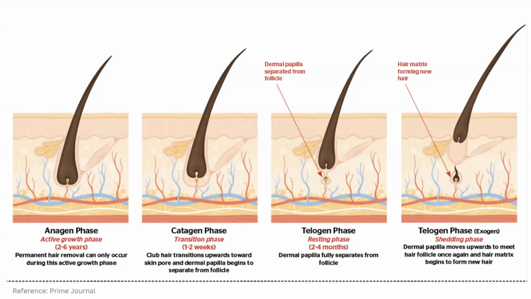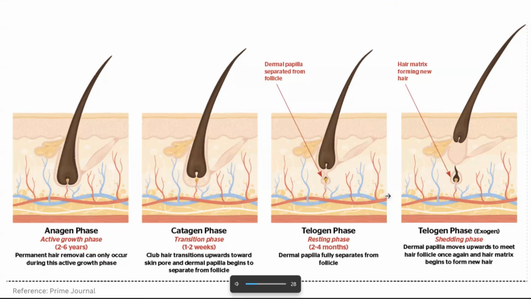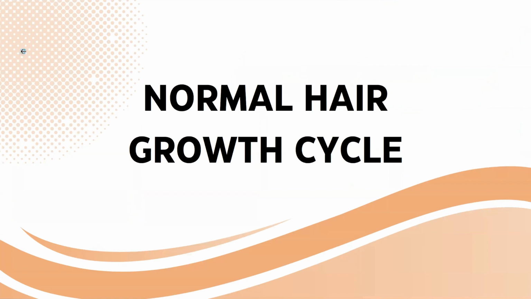The hair shaft goes through three main phases: anagen, catagen, and then telogen. Anagen, this is the growing phase. It usually lasts between 2 to 6 years. The importance of this duration is that it determines the length of the hair.